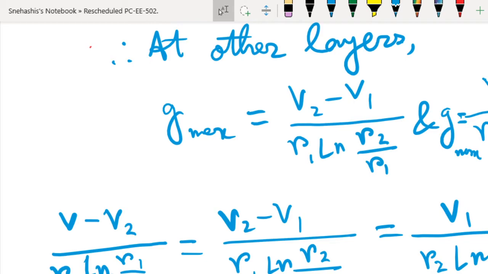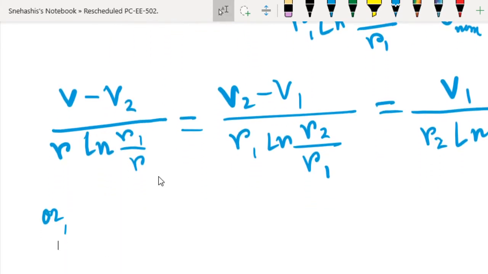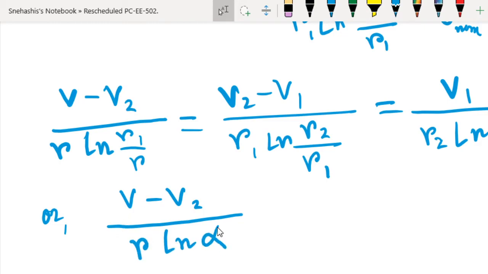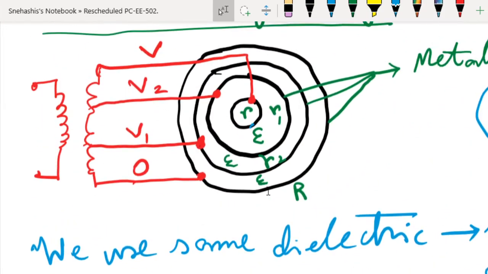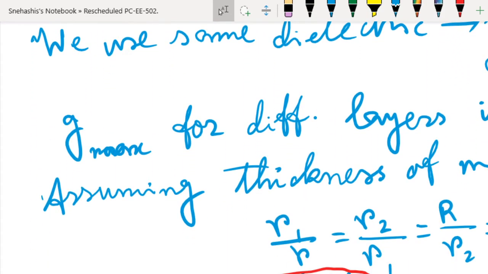Okay, or in other words, V minus V2 divided by R ln, you know the ratio is alpha, we have already assumed here.